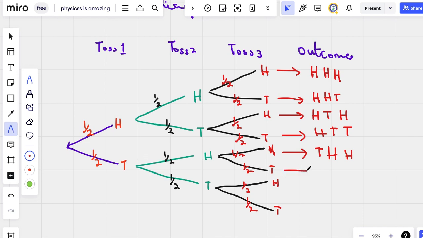So the next one we have tail, head, tail.